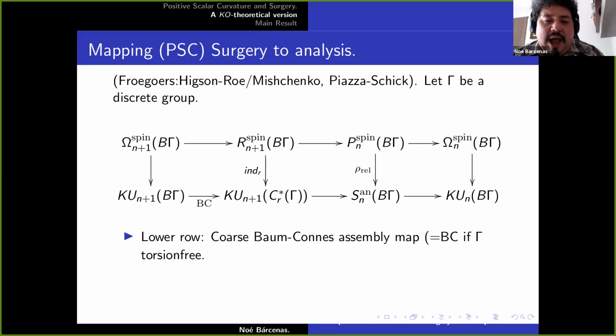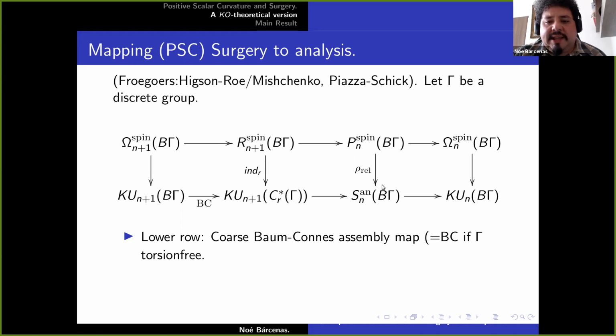And from Rn, you have an index theory for manifolds with boundary coming down, which was the beginning of the ideas by Higson and Roe.